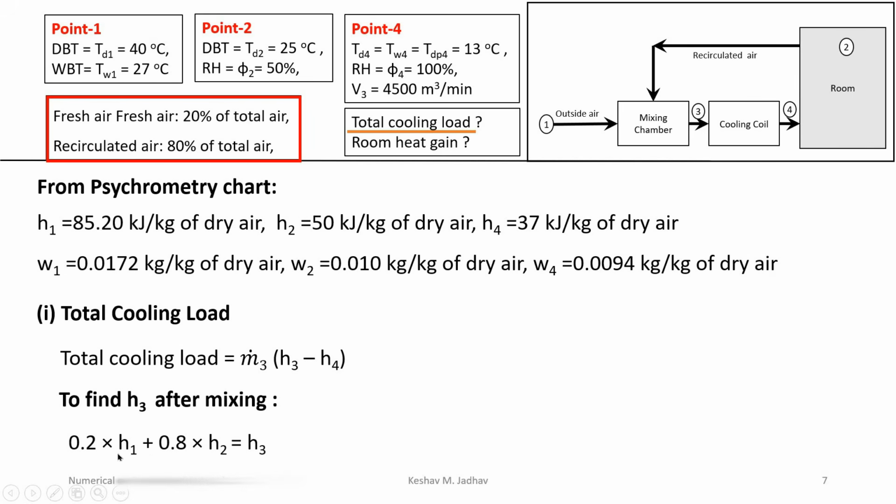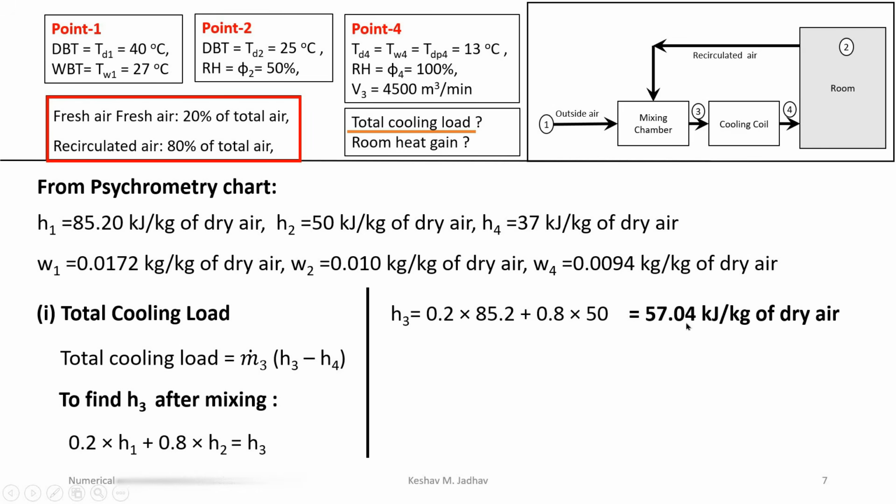So we can write the energy balance formula: 20% means 0.2 times the enthalpy of fresh air, that is H1, plus 80% means 0.8 times the enthalpy of recirculated air, which will be equal to H3, the enthalpy after mixing. Here H1 and H2 we have got from the psychrometric chart. By putting these values, we get H3 equal to 57.04 kilojoule per kg of dry air.